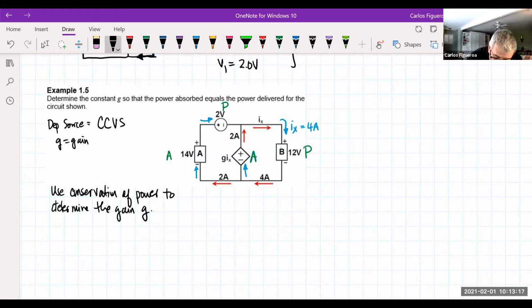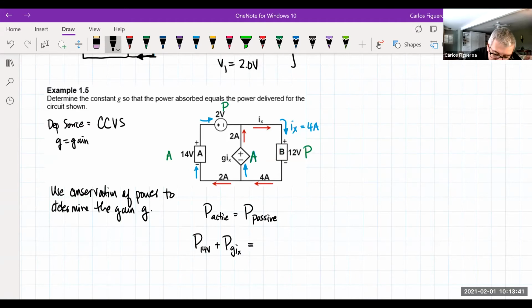So if this is the case, let's look at this. According to conservation of power, the active elements must equal all of the passive elements. In this case, we've identified that the 14 volt source is active, and the GIX source is active.